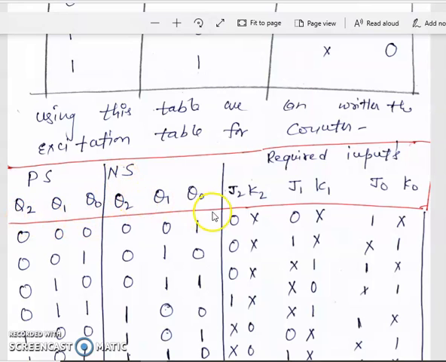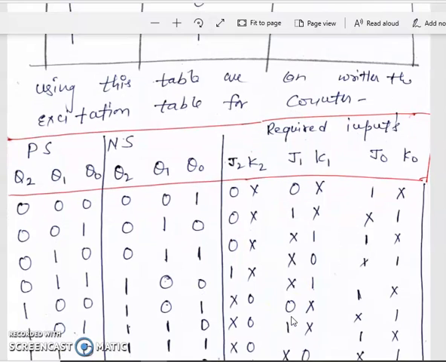Similarly, next state is for flip-flop 0, flip-flop 1 and flip-flop 2. And the required inputs, because we have 3 flip-flops, are J0, K0, J1, K1 and J2, K2, the inputs of the flip-flops. So we design the excitation table like this.